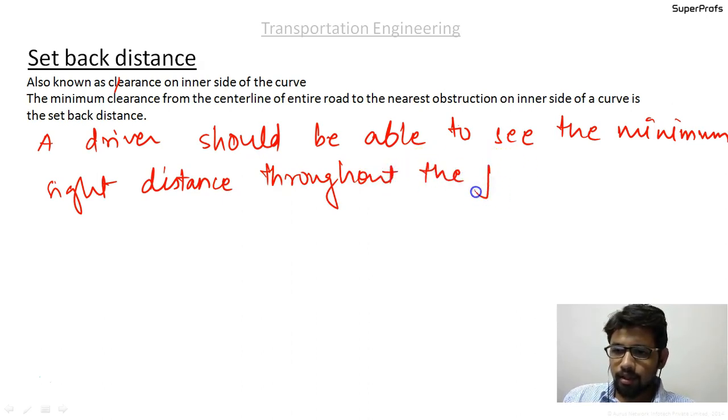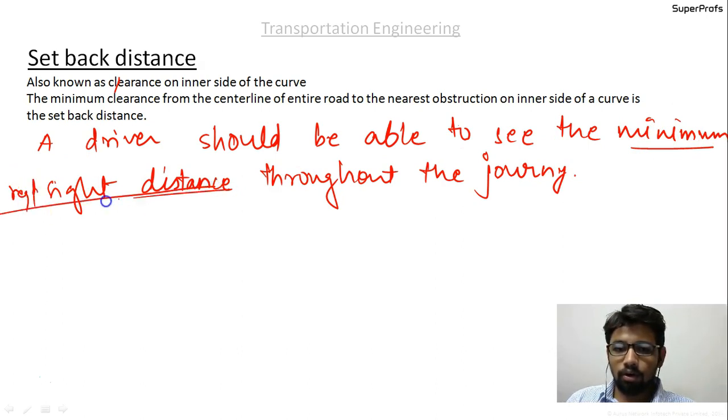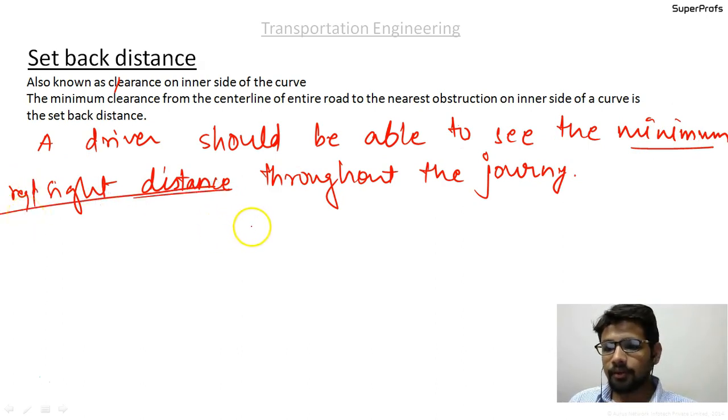As we have already discussed, what is the minimum required sight distance? It depends on the type of the road and the situation.